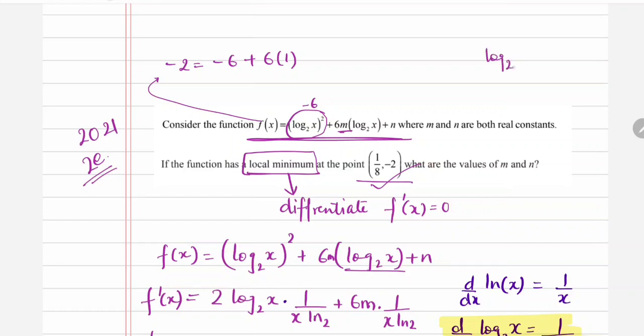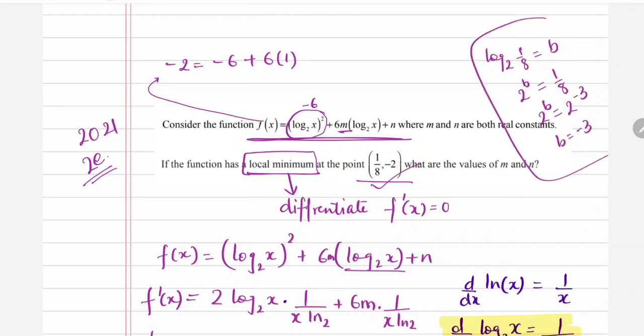Now if log 2 of 1/8 equals b this time, we will have 2 to the power of b equals 1/8, which is 2 to the power of minus 3. So b equals minus 3. Now here, if we solve that, we have minus 2 equals minus 6 minus 18 plus n.